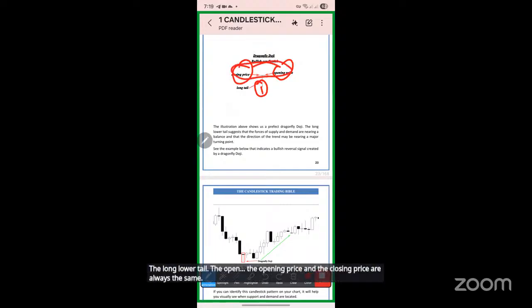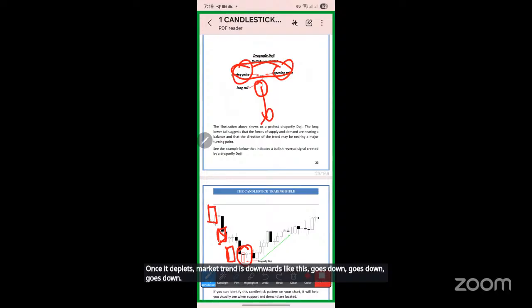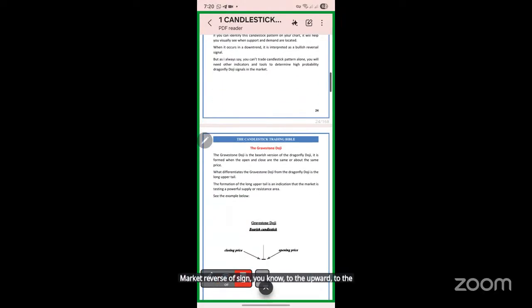So this is what you are seeing here, a dragonfly doji. Once the market trend is downwards, goes down, goes down, goes down, then when it reaches here, it prints a dragonfly doji and it pushes up. So this is a market reversal signal to the upward side.